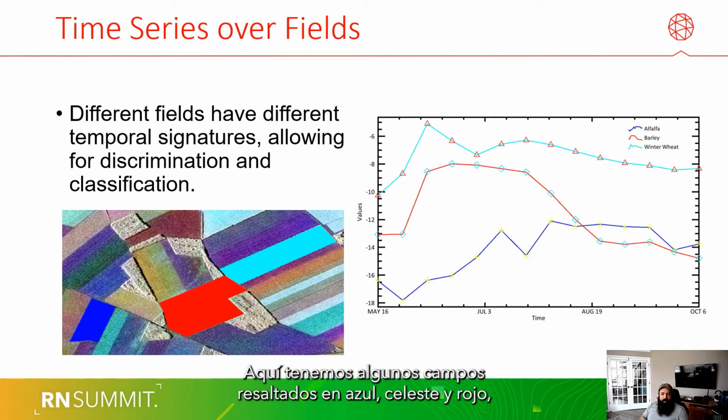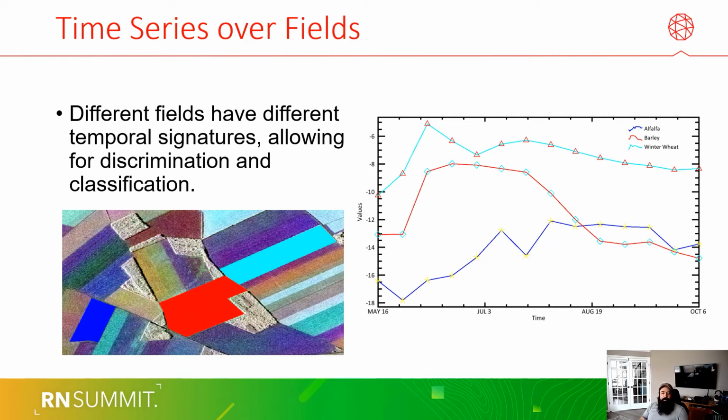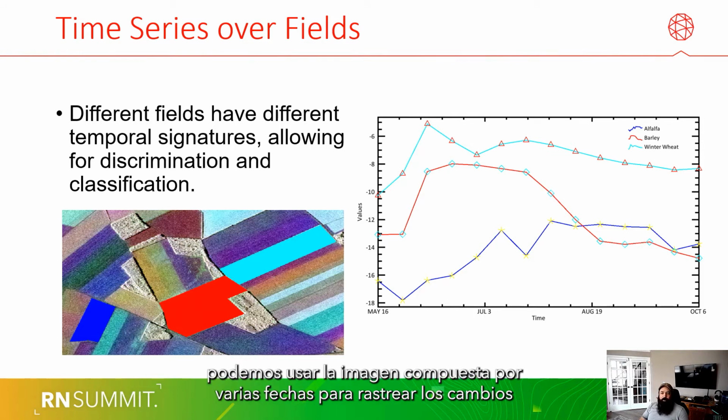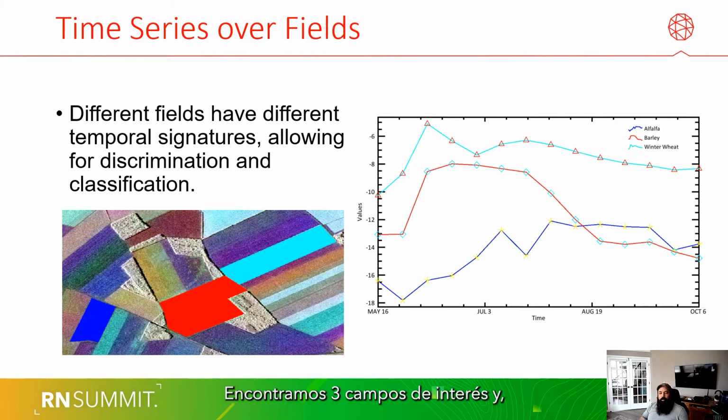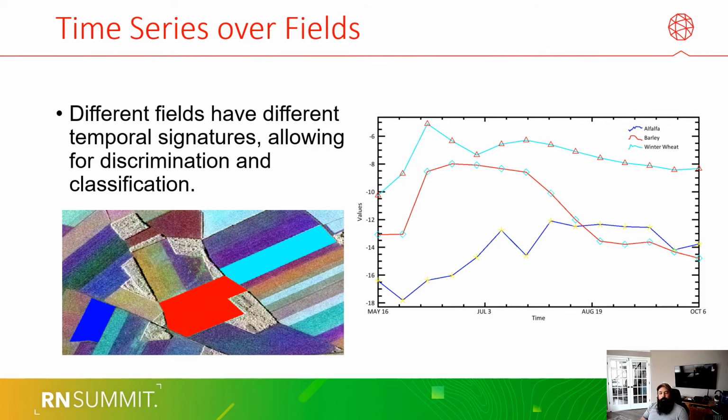Here we have a few fields highlighted in blue, light blue and red, so that we can take a look at the temporal separability of multiple crops. Similar to the optical data, we can use the image made up of multiple dates to track the changes over the entire fields and compare them for analysis. We found 3 fields of interest, and using the time series tool, we can make a comparison of their growth rates over time.